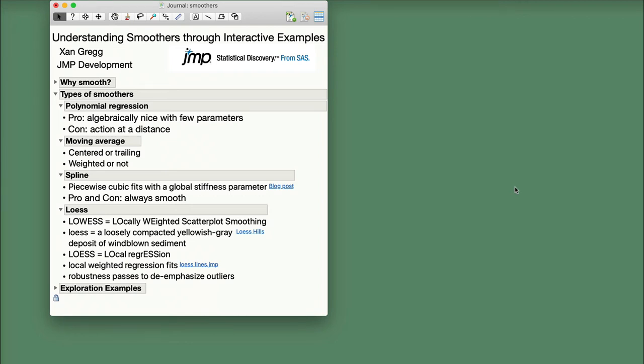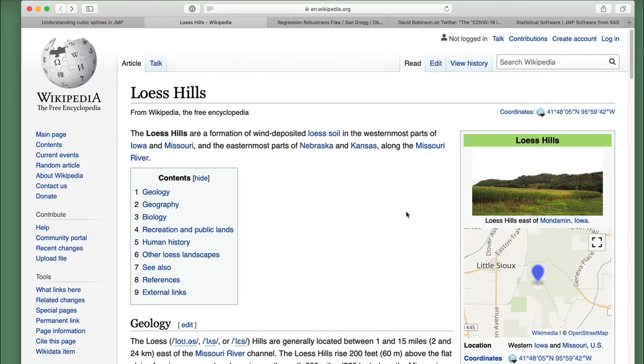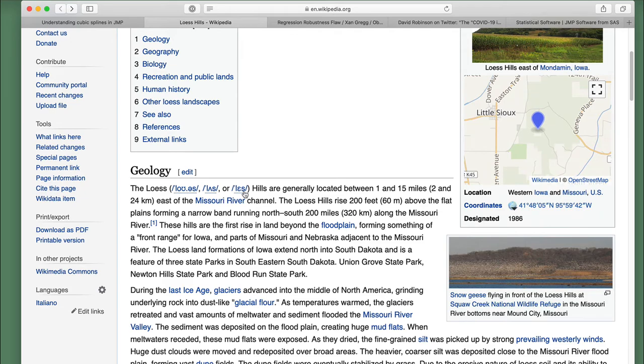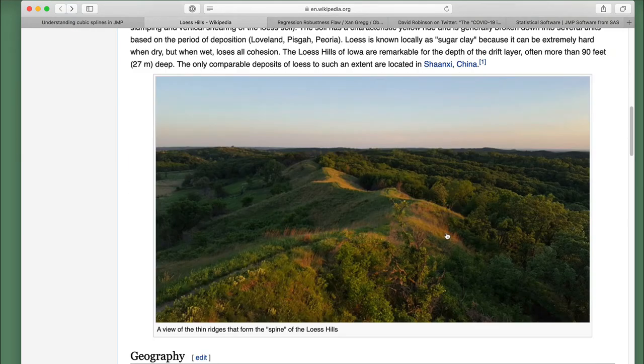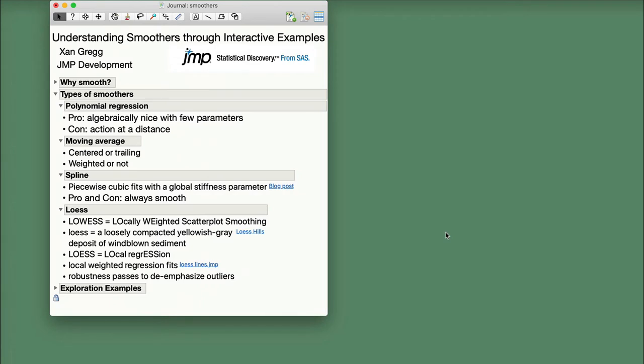I've got a Wikipedia web page of this location in the US that has this formation called the Loess Hills. You can see it's got all the pronunciations here if you know IPA. And so here's the basic smooth hillside idea. That's the geological term, just as a little diversion.